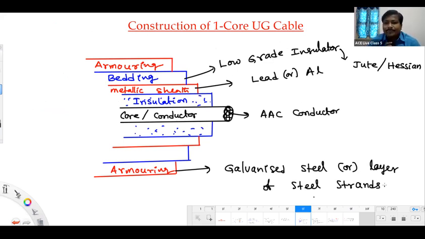That's the armoring layer. Then finally, after keeping this armoring layer, if you are again attempting to keep this construction into the ground, there may be a possibility of getting some corrosion on the armoring layer. To avoid that corrosion, in the last stage, we will be keeping a low-grade insulator.